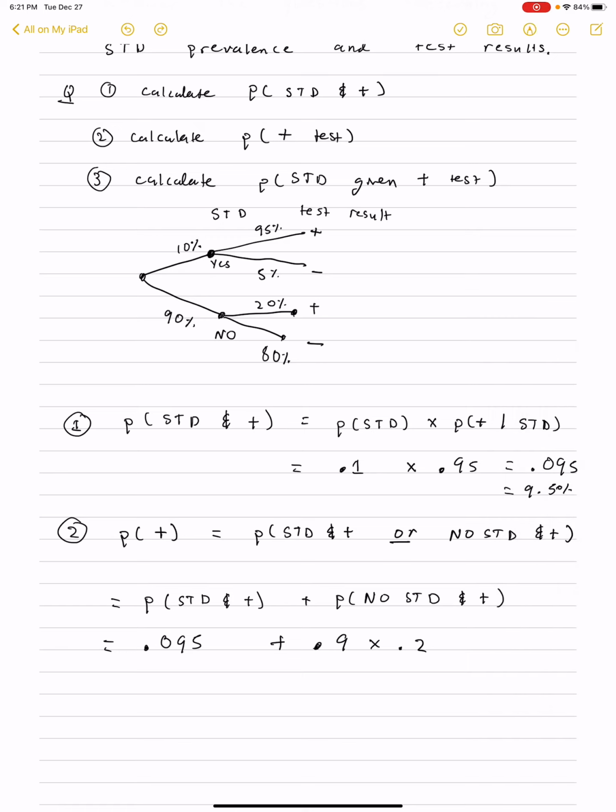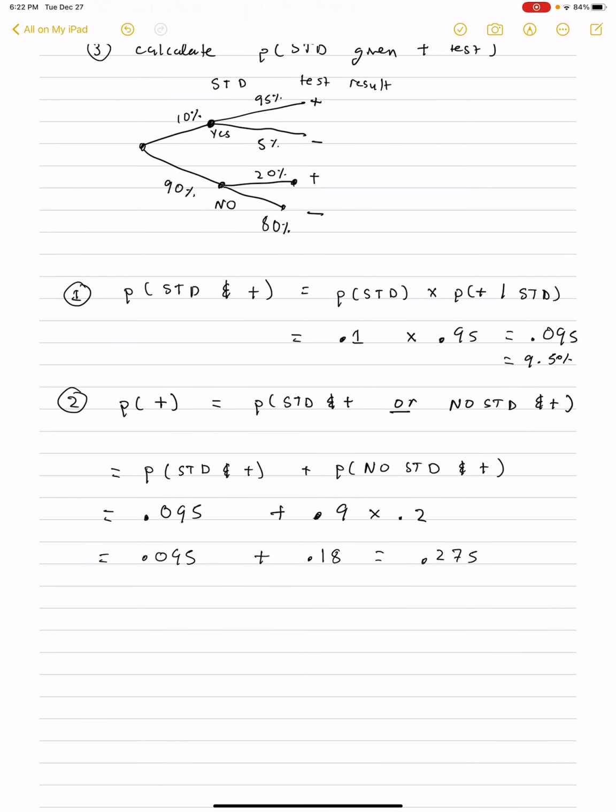Now, we need to multiply and add these. This will be 0.095 plus 0.18. So that is a 27.5% chance, or 0.275.